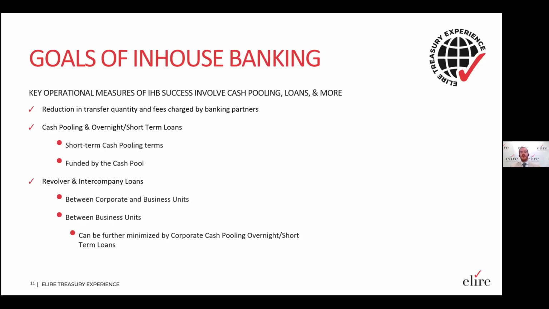When we're talking about hundreds of thousands or millions of dollars moving every day, especially in large quantity, either for cash pooling payment purposes or for maybe intercompany loans, we're looking at a massive reduction in the fees that were being charged just by our banking partners as a whole.